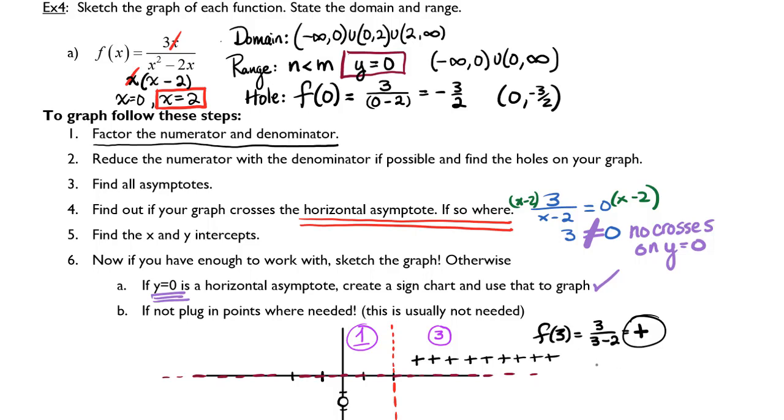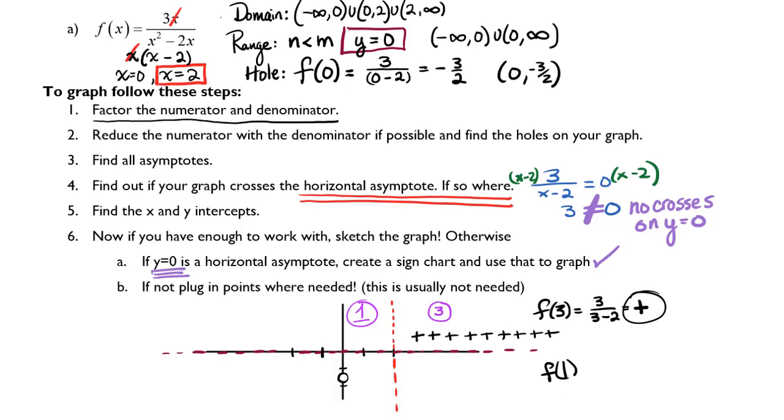Now let's take a look at f of 1. This will give me negative values. So anything to the left of the vertical asymptote is negative. The trend is for the curve to cross this removable discontinuity.